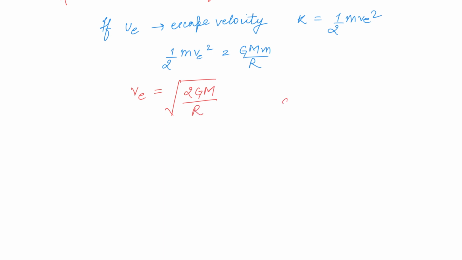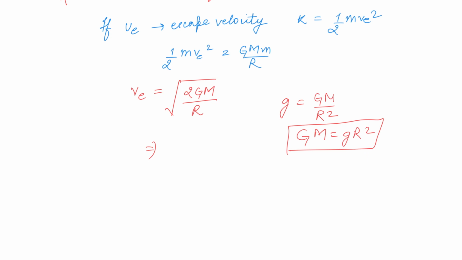Now since we know that small g is GM by R square, capital GM will be equal to gR square. Now if we put this, we will get under root 2gR. So VE will be under root 2gR.